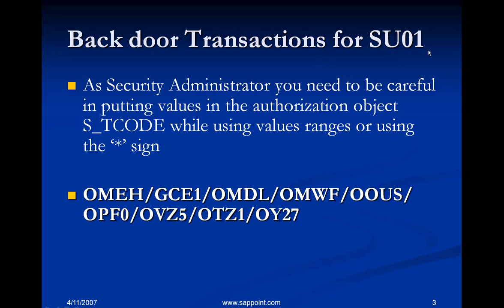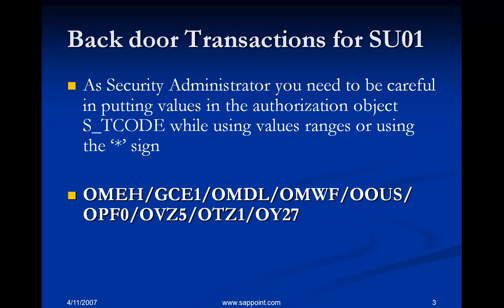Now, SU01 is for working with user master records, the user administration. And the transactions OMEH, GCE1, OMDL, OMWF, all these transaction codes, when you execute them, they will look like SU01. Meaning a user need not have access to SU01, but if he has access to OMEH, he can still get to the SU01 screen.